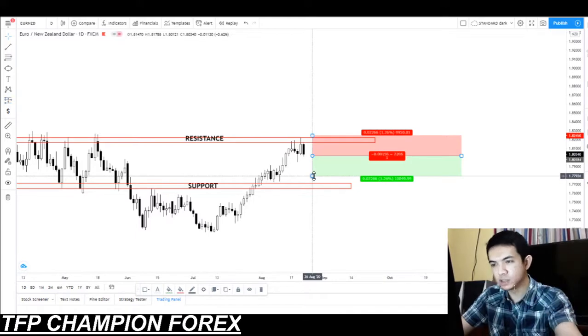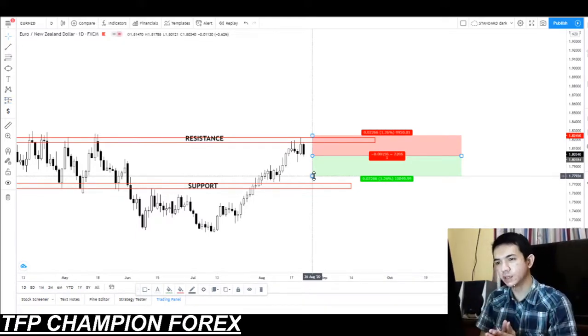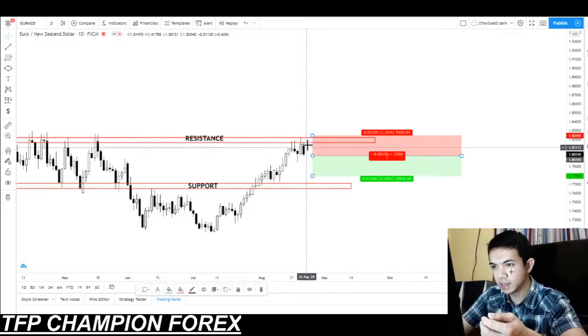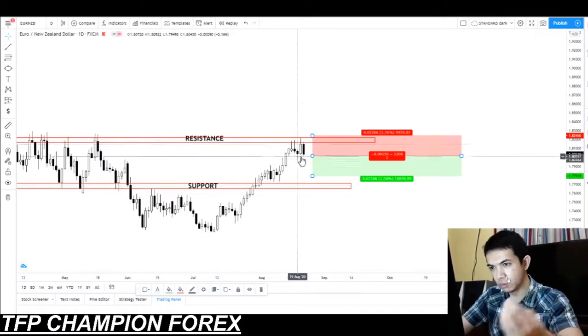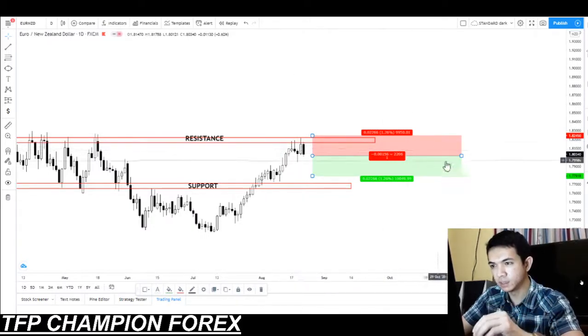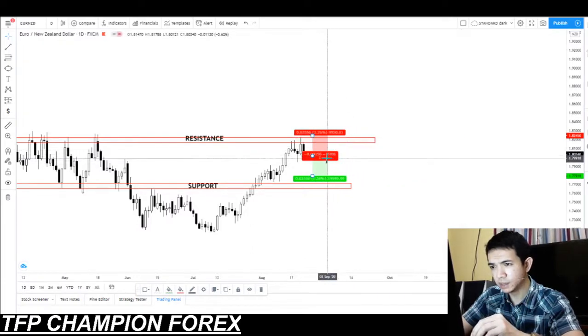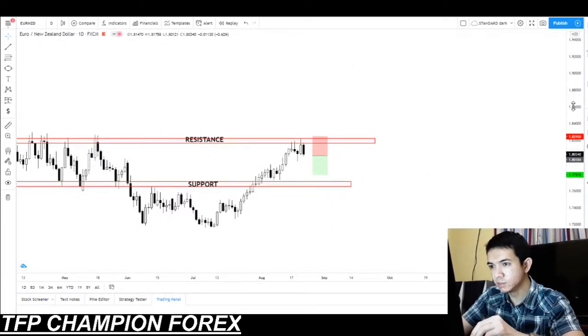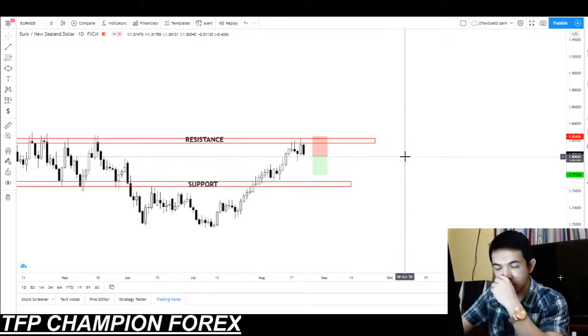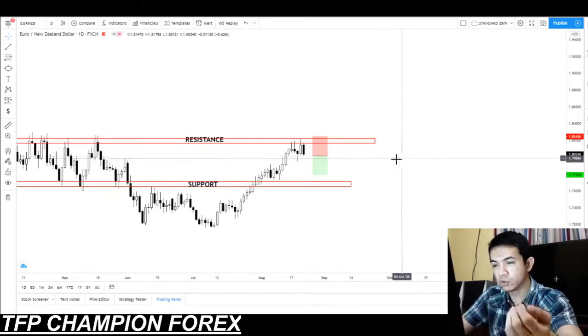So it's just 1:1 risk to reward ratio. But if I go down to a much lower time frame, definitely it will help me improve through detailing this candlestick formation, which gives me more room for my stop loss to be improved, and that will also help me improve my risk to reward ratio.